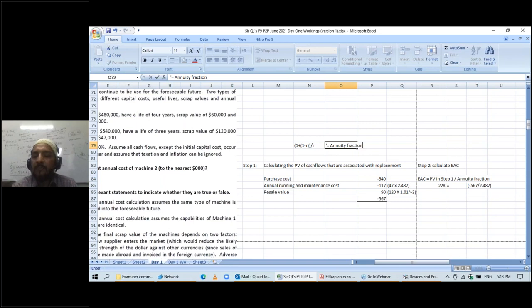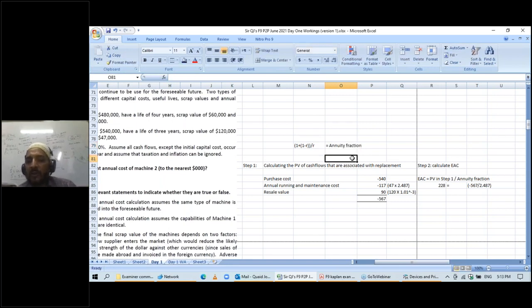So instead of multiplying an equal amount 3 times with 1.1 to the power -1, -2, and -3, we use this fraction to solve it.